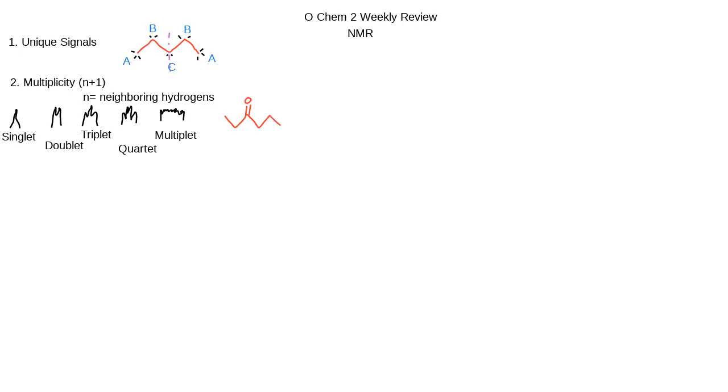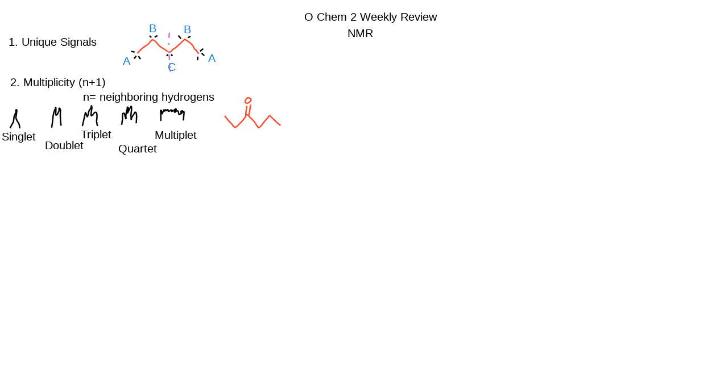Okay, so the first step again is to calculate the unique signals. So I'm going to quickly go ahead and do that. This time I'll do it in purple. Again, the first step is to find lines of symmetry. On this particular structure, I do not see any lines of symmetry, so I will have to assume all hydrogens are going to be unique.